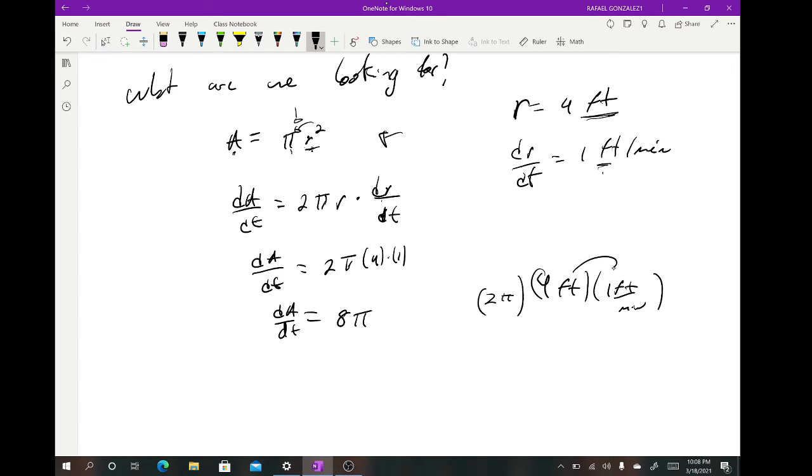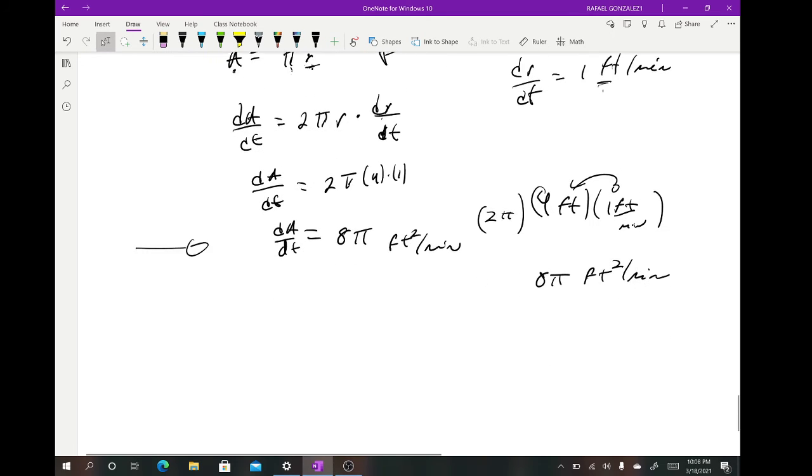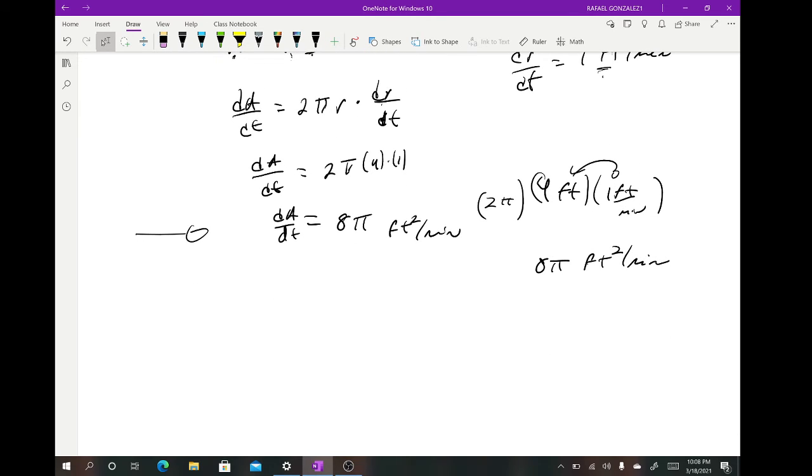When you multiply feet times feet, you get feet squared. So you have 8 pi feet squared per minute. I feel like I should have mentioned that because the units are very important when we talk about related rates problems. I'm just skipping them from now.